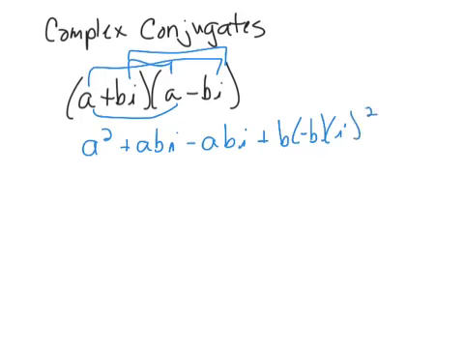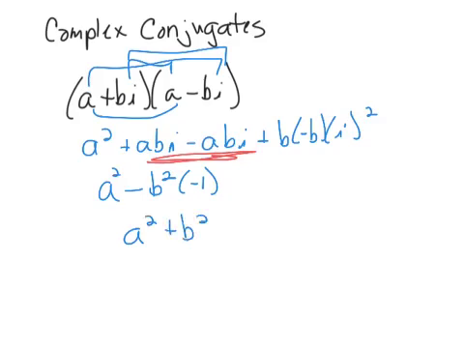So when you have that, you have a squared, and then these guys add to 0, and you're left with minus b squared, and then this is another negative 1 because i squared is negative 1, and that gives you a squared plus b squared when you're done.